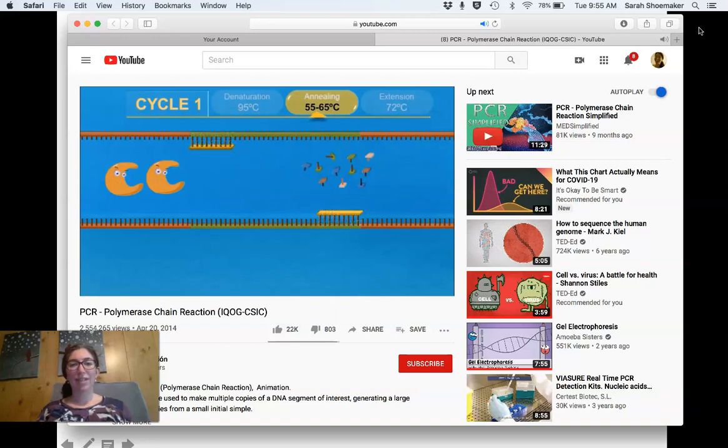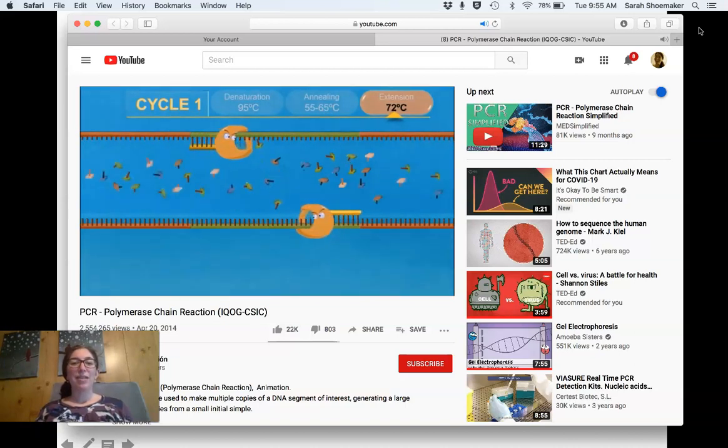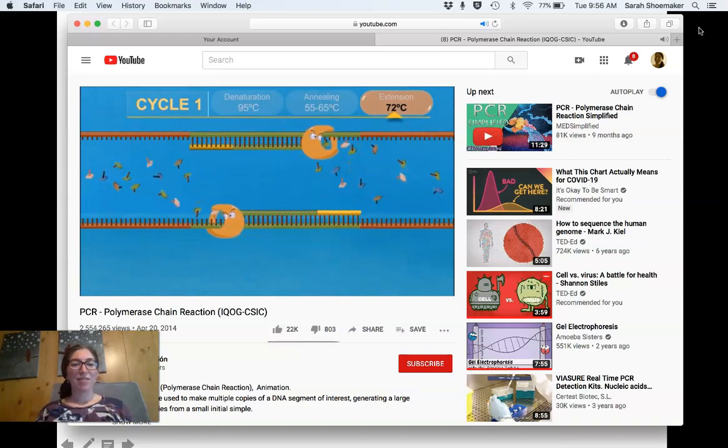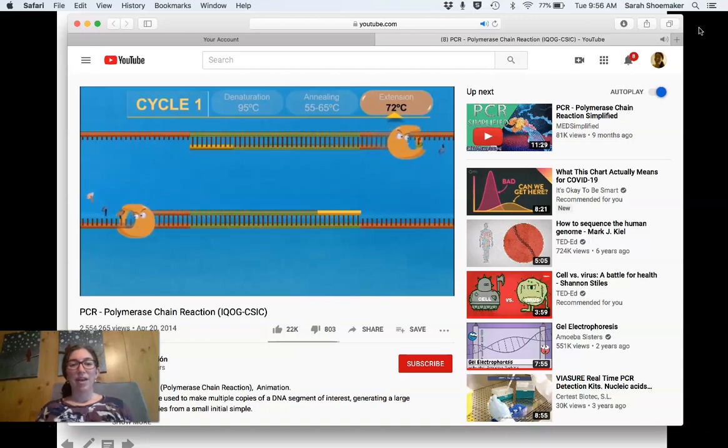There's the annealing. And now the extension stage is where the DNA polymerase binds to the primer and starts synthesizing a new strand of DNA, of that sequence right where the primer has bound to.